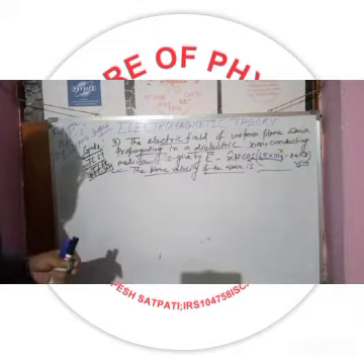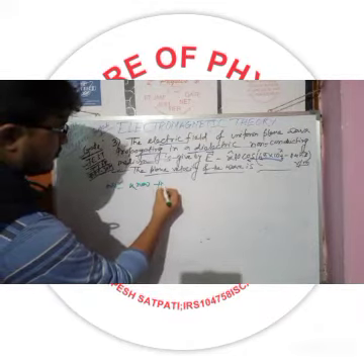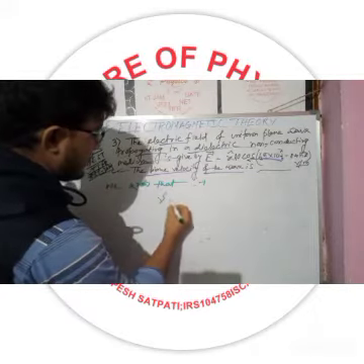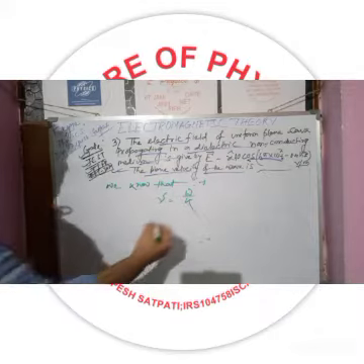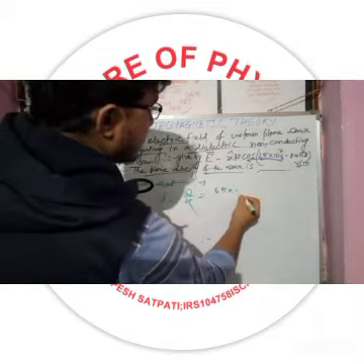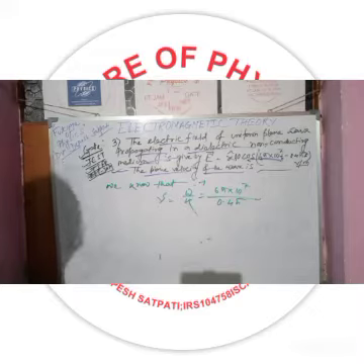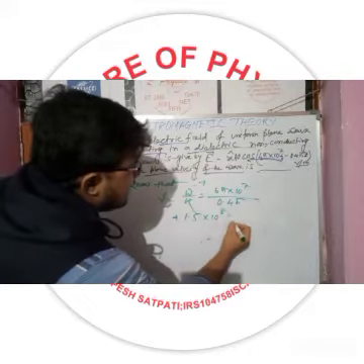Now we know that velocity equals omega by k, then omega is 6 pi times 10 to the power 7 divided by k, 0.4 pi. On calculation, it is 1.5 times 10 to the power 8 meter per second.